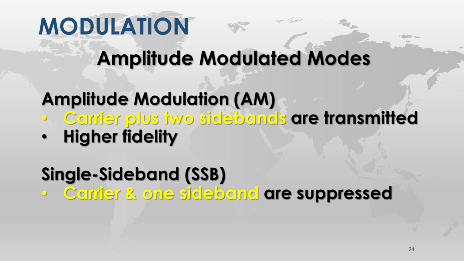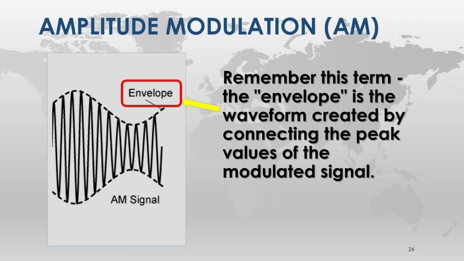Sideband is we suppress the carrier and 1 side or the other, because these are mirrors of each other. And so a radio can just create a mirror image and inject the carrier. The advantage is we get more power efficiency. Remember this term, the envelope is the waveform created by connecting the peak values of the modulated signal. This is the envelope. See, that looks a little short to me. And the peak to the peak is the envelope.